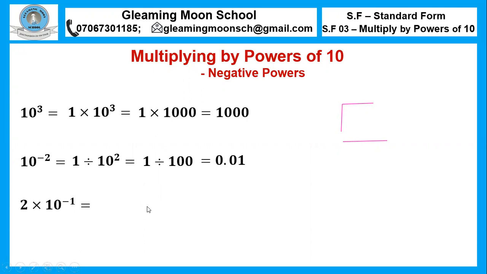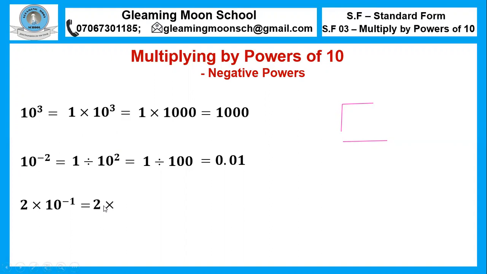So this time we have a number multiplied by a negative power of 10. In the first one, we looked at 10 to negative power 2, which is 1 divided by 10 to power 2, which is 1 divided by 100, which is 0.01. Now in this case, we have 2 times 10 raised to the power of minus 1. So again, we start with the 2. We already have 2 there.